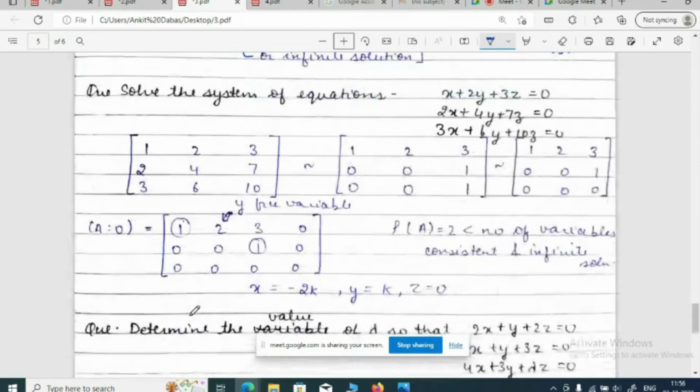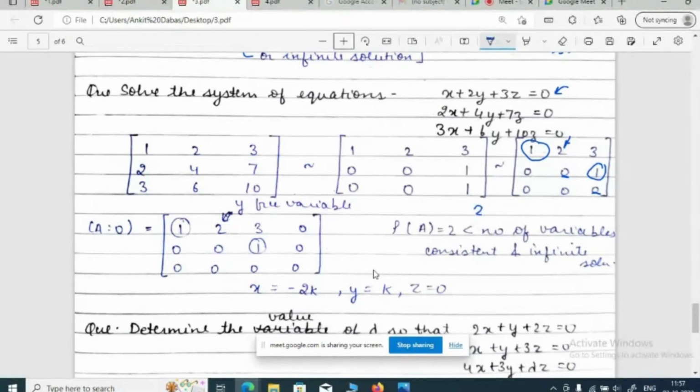Now we are asked to solve this system of equations. This is a homogeneous system. We can solve it like earlier by reduced echelon forms. Convert it into this. We see that we have only two pivot positions here. We did not get any pivot position corresponding to the second variable, so the second variable is free.